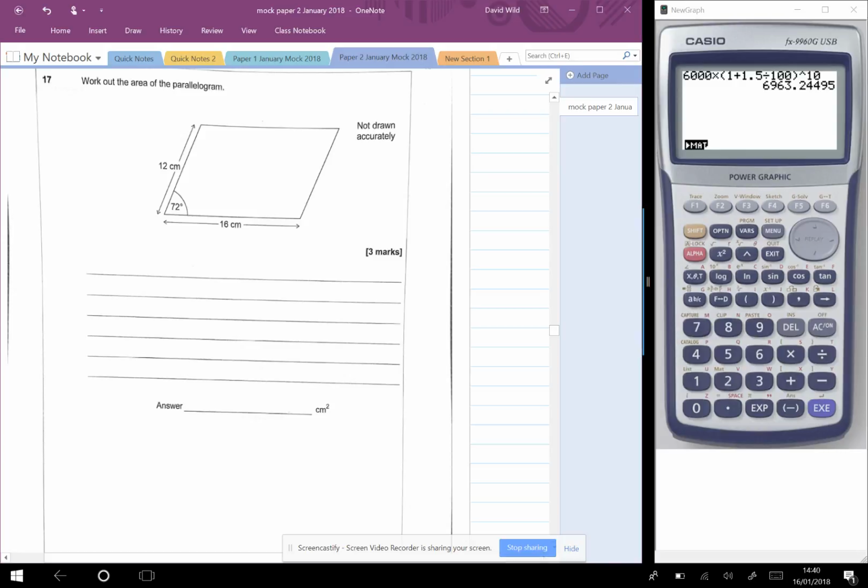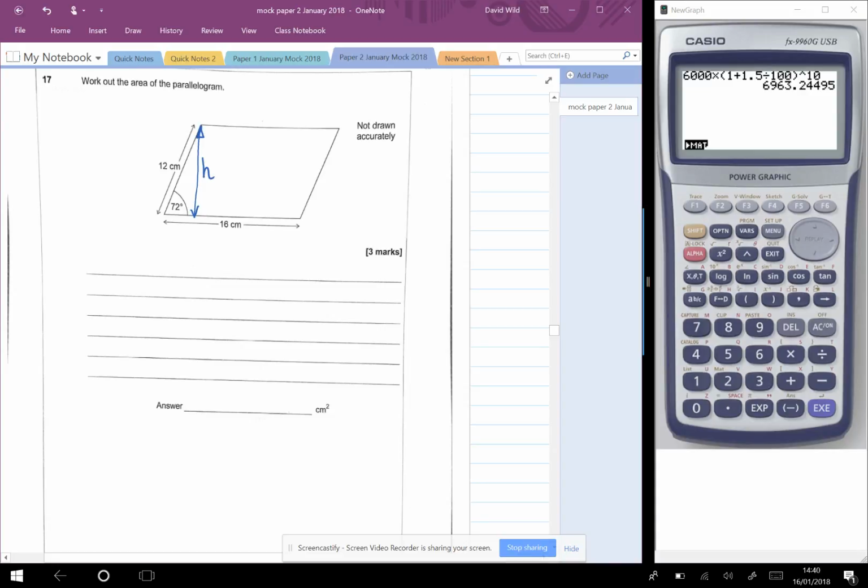Work out the area of the parallelogram. Right, now a parallelogram, how do we work out the area of a parallelogram? Well, what we actually need is the perpendicular distance between them.